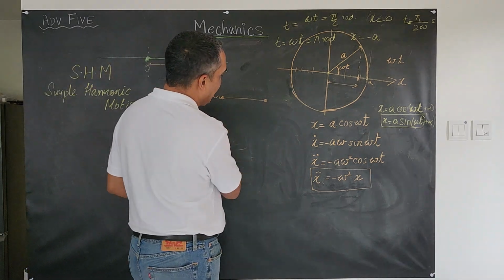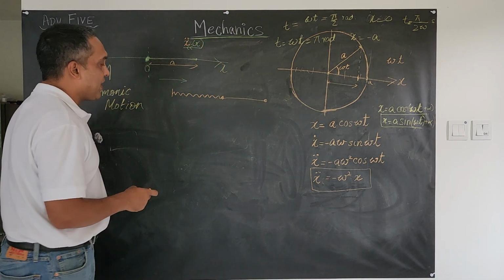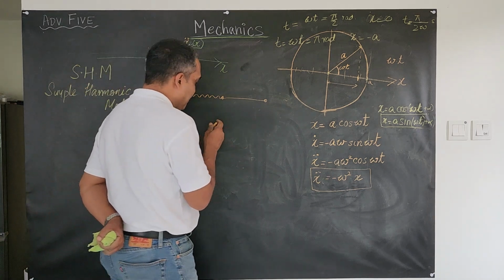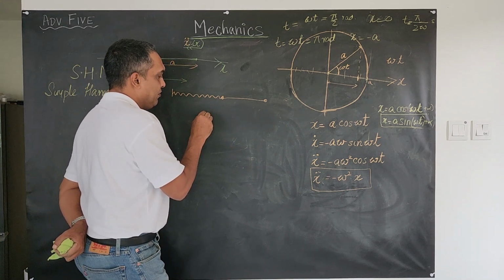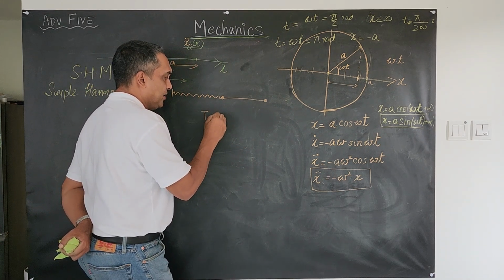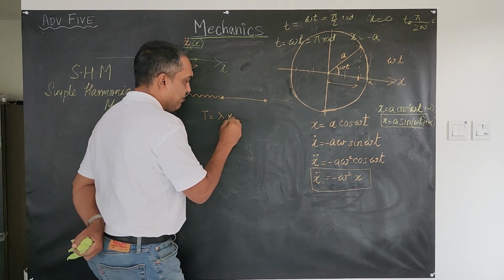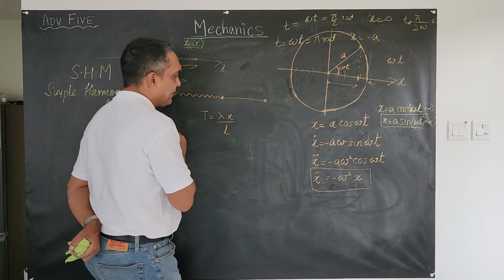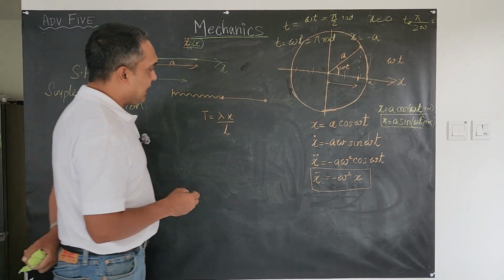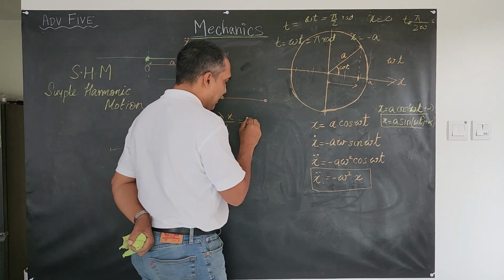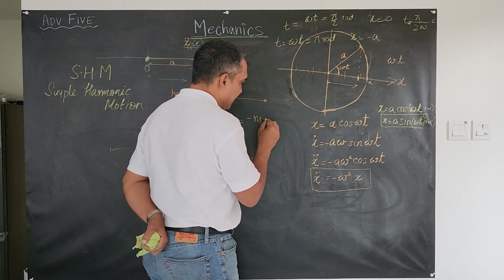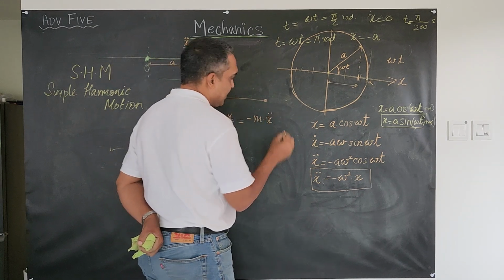The setup of the equation, if you have the spring, I think I alluded to it previously, is tension is equal to lambda times x by L, right? And acceleration acts against it, so that will be negative m times x double dot.